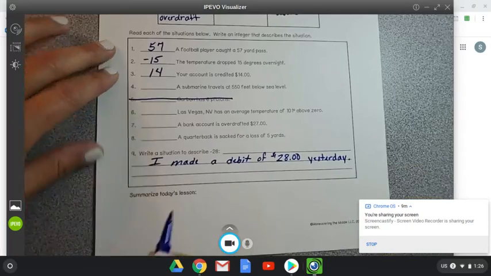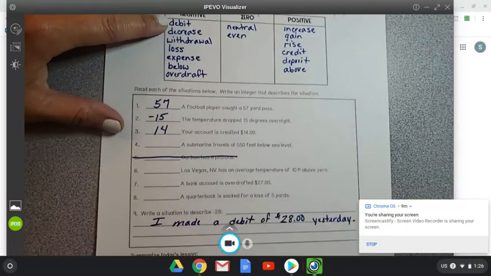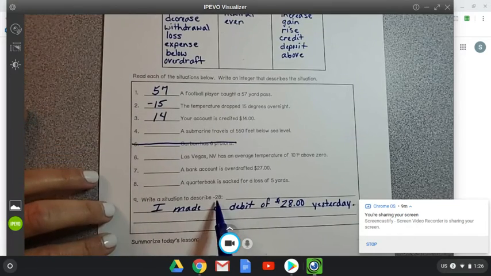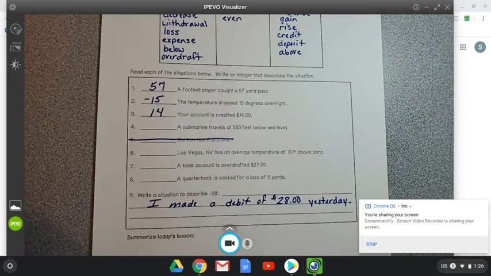So because I use the word debit, that is a negative word. That is going to be a negative 28.